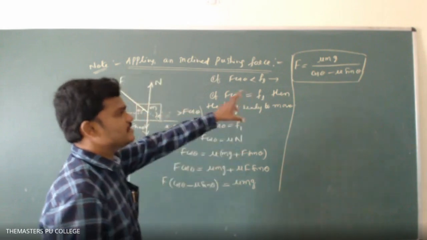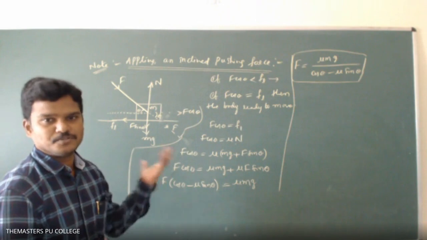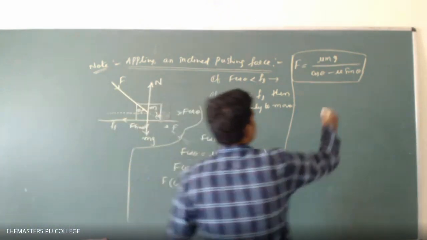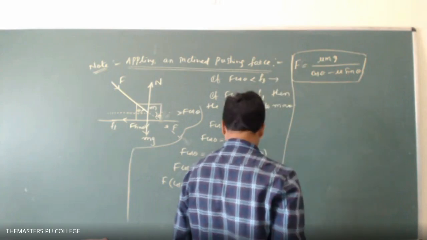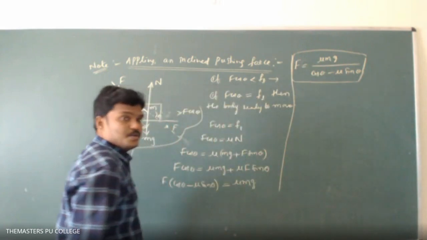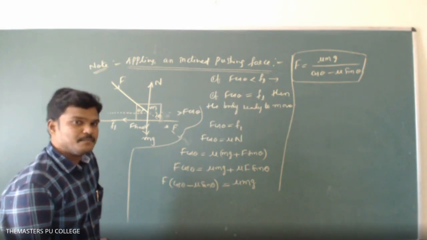Now we can extend this formula also. Mu mg by cos theta minus mu sin theta, we can extend into some other formula. What is mu actually? Mu we know is tan phi, where phi is nothing but the angle of friction. Remember?